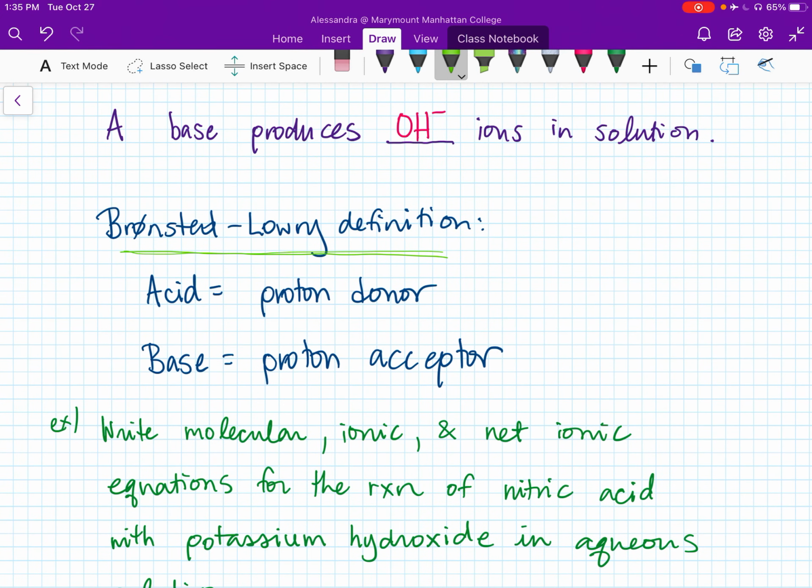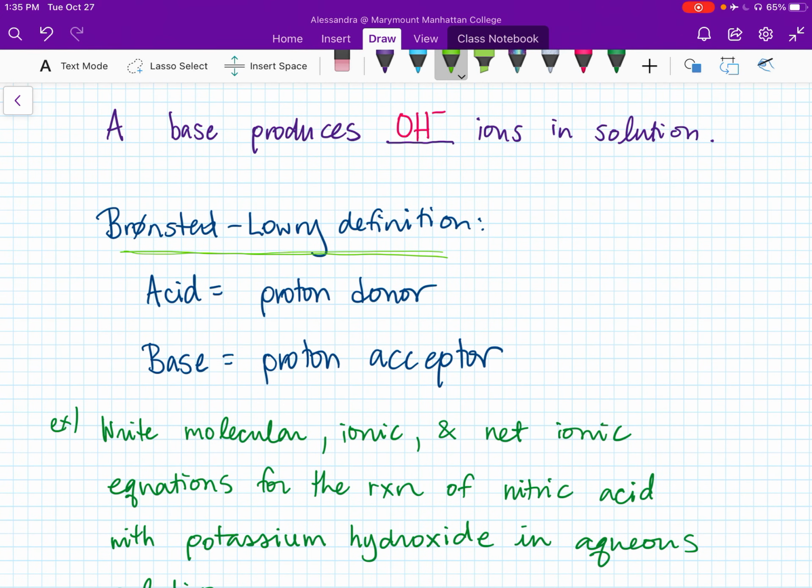That's one of the ones that you may have memorized from the previous chapter when we talked about nomenclature of various ionic compounds. This is all in aqueous solution, so I'm going to write everything as an aqueous species. Potassium hydroxide has potassium and hydroxide in a 1-to-1 relationship because they each have a charge. K is K plus and OH is OH minus, so they come together in a 1-to-1 relationship.